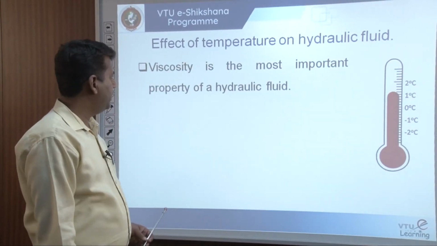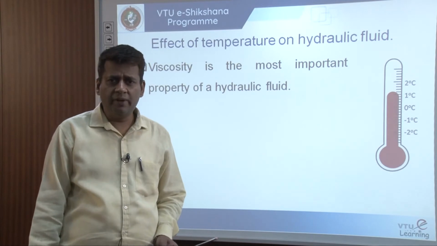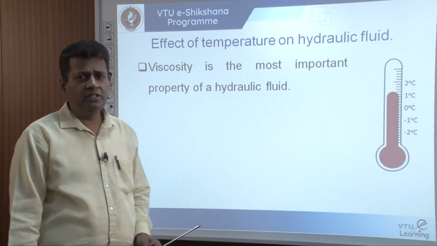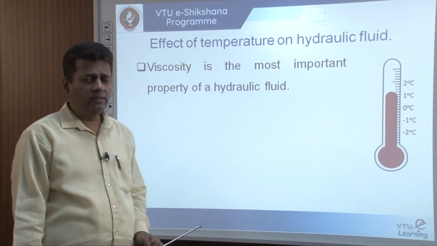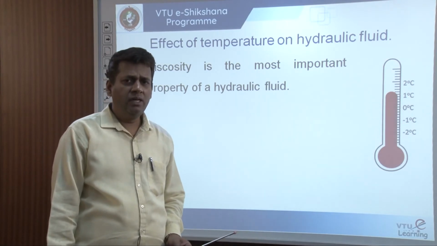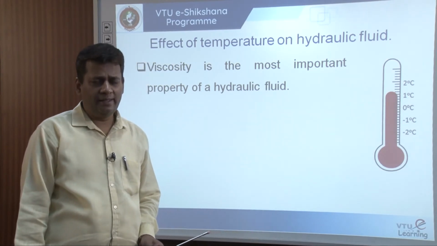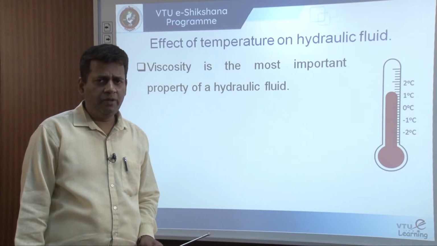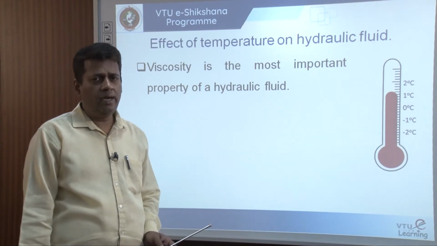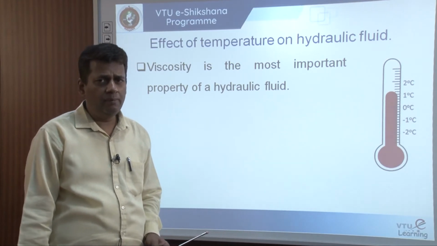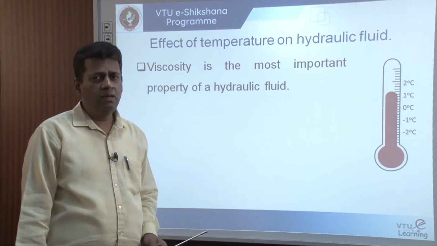So, one of the important parameters which is affected by the temperature variation is viscosity, and the index of this is called viscosity index. So, viscosity index refers to the ability of the oil to maintain its technical properties in temperature fluctuations.